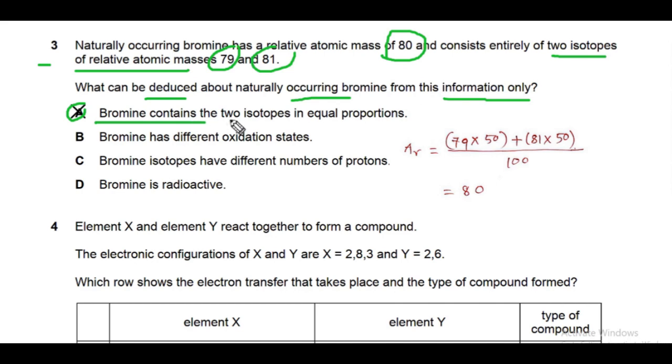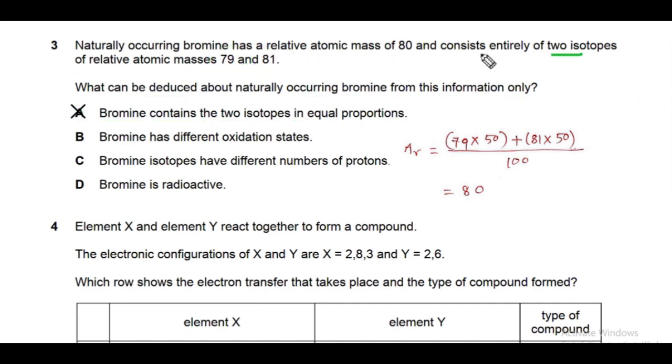Bromine contains the two isotopes in equal proportions. Since the two isotopes have relative atomic masses 79 and 81, and the average is 80, bromine contains the two isotopes in equal proportion.